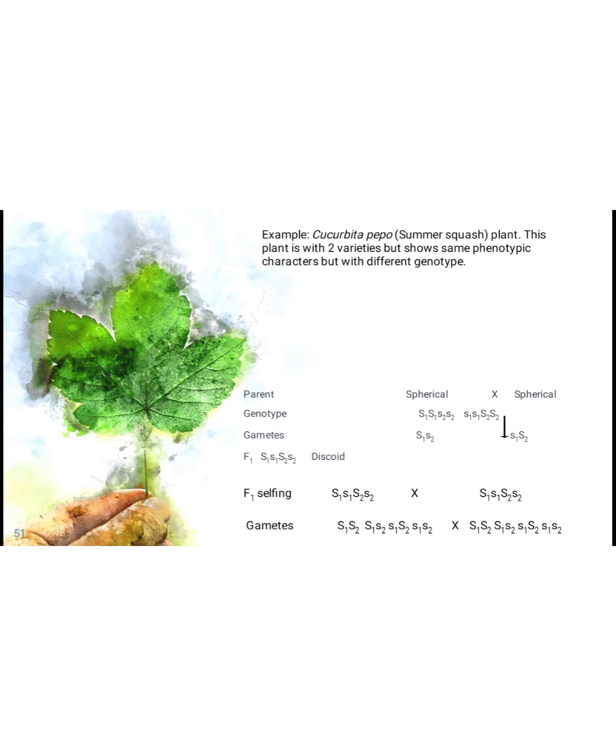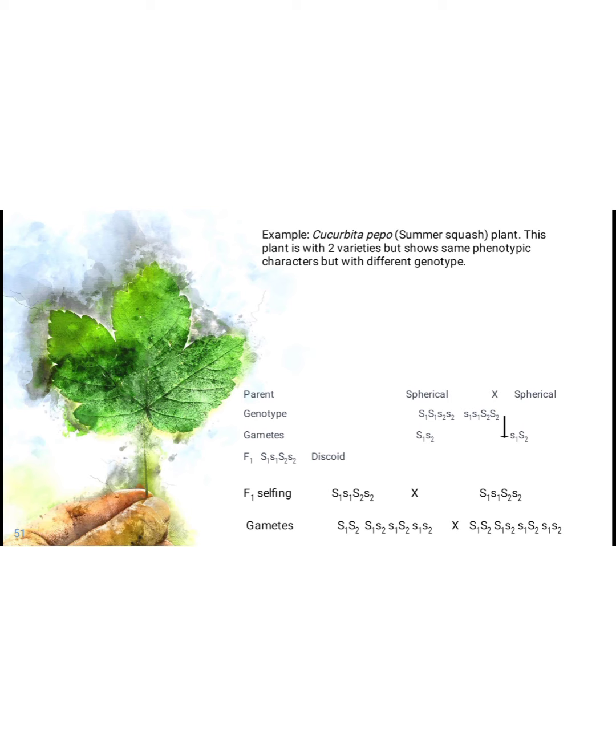For example, the Cucurbita plant. This plant produces two types of varieties, showing phenotypic characters with different genotypes. In the following interaction, the crossing is made between two spherical varieties. There is a main difference between the two spherical varieties. In one spherical variety, the first two genes are dominant and the second two genes are recessive.